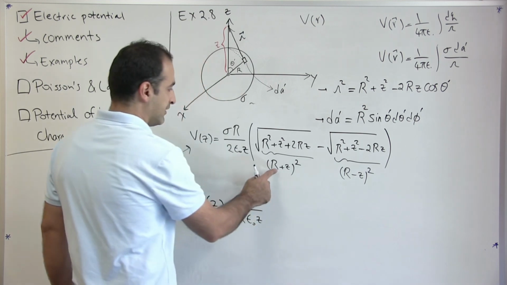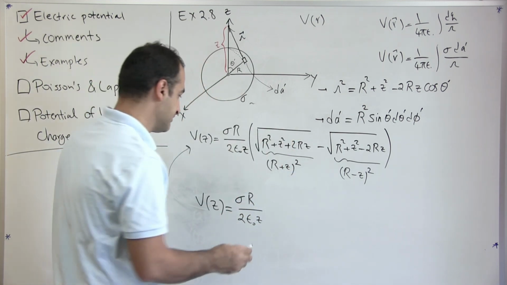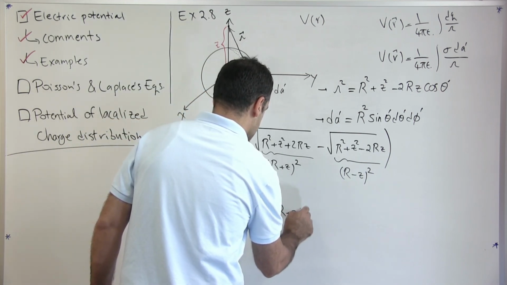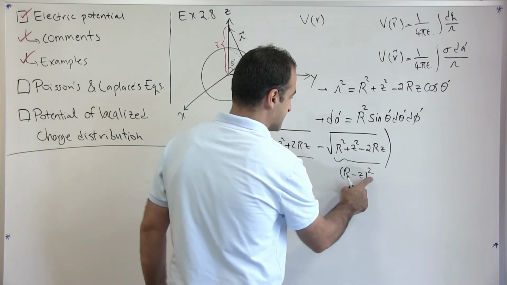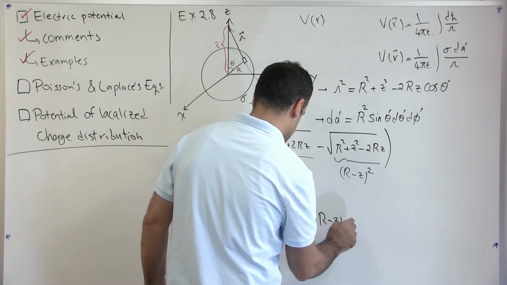And here we have r plus z to the power of 2 under the square root. That means that's like the absolute value of r plus z. And the second term is r minus z squared under the square root, so that is the absolute value of r minus z.